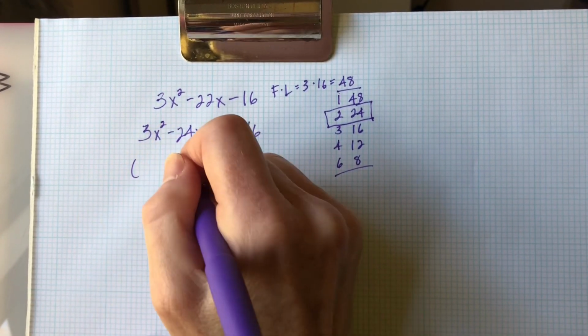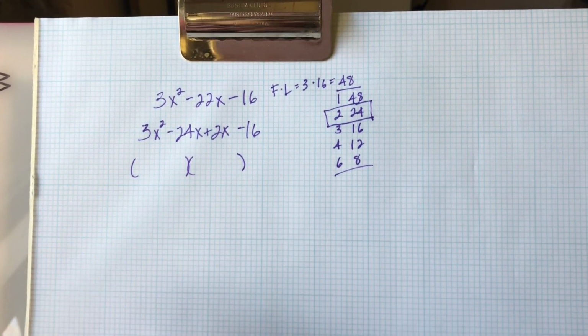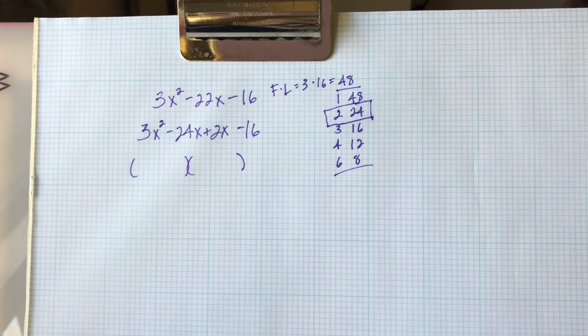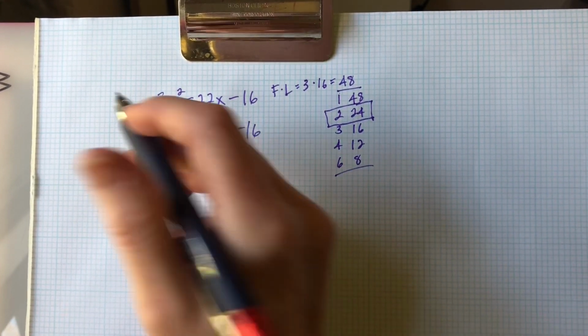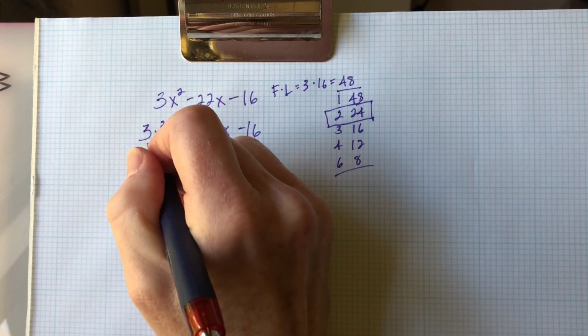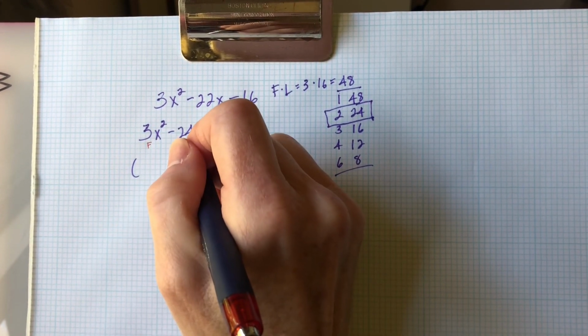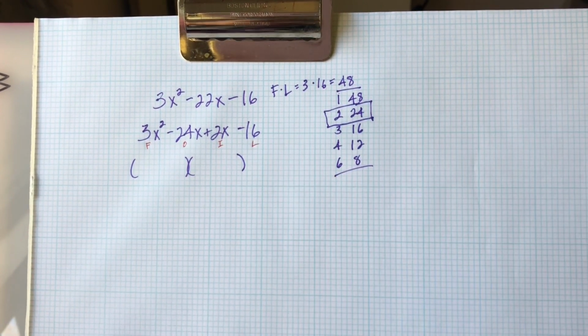Now I'm going to set up my parentheses, and just recall that the terms we're looking at here come from foiling binomials. So this came from the multiplication of the first terms, and then the outside terms, the inside terms, and the last terms.